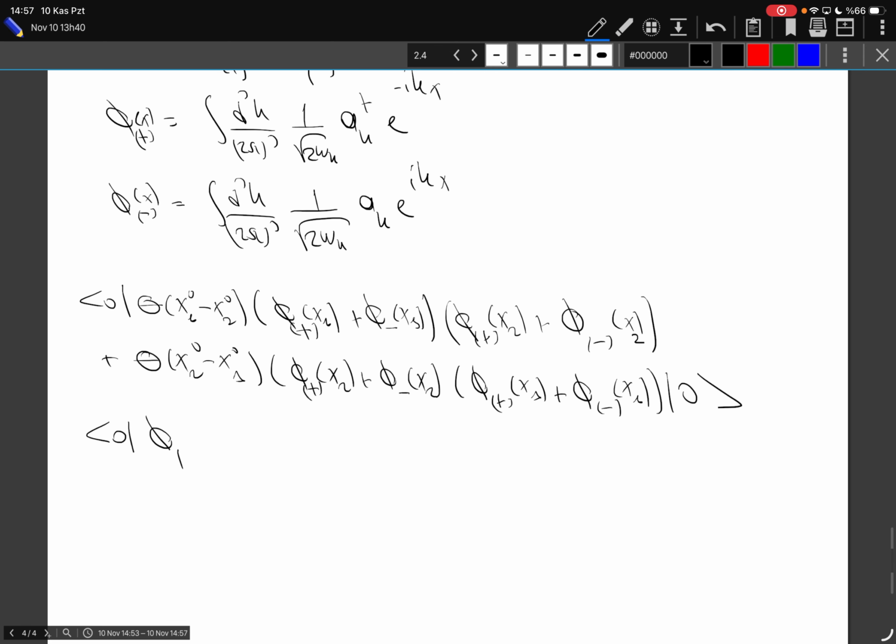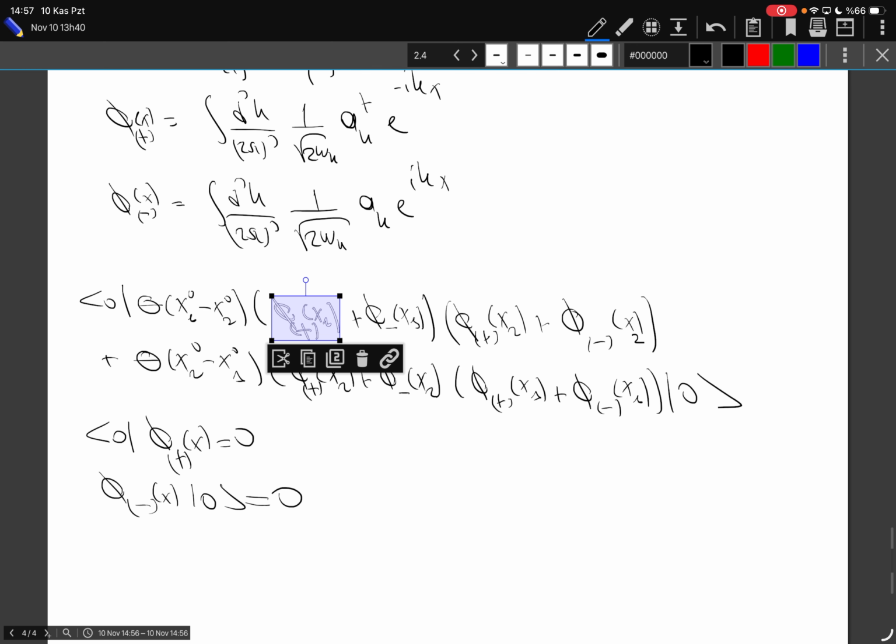Now, the empty bra acting with phi plus x is 0 because they contain the creation operators. So if they act on the empty state from the right, it will annihilate the bra, so this will be 0. Similarly, phi minus acting on the empty state will be 0. What that tells me is this term doesn't contribute.